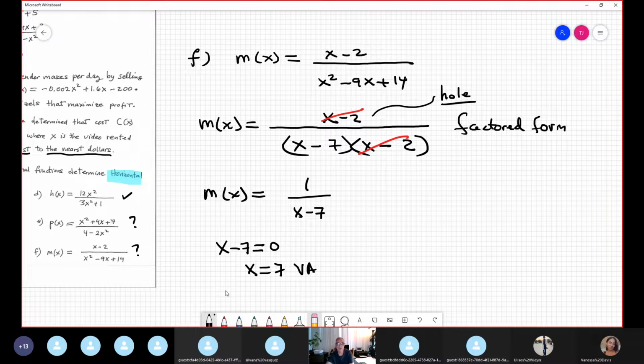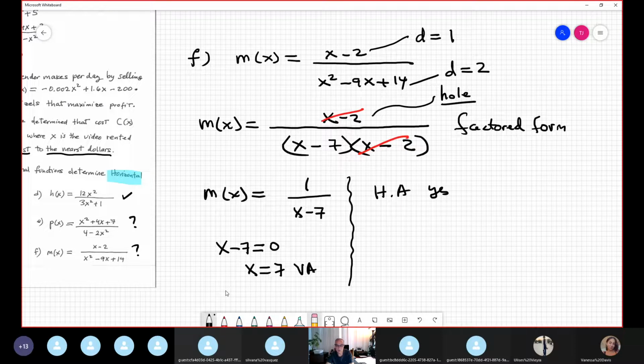Good. What about horizontal? Do we have a horizontal asymptote or not? Yes, we have. Why? Because the degree of the polynomial in the top is 1, and the degree of the polynomial at the bottom is 2.